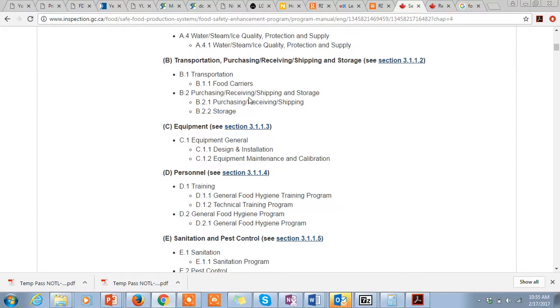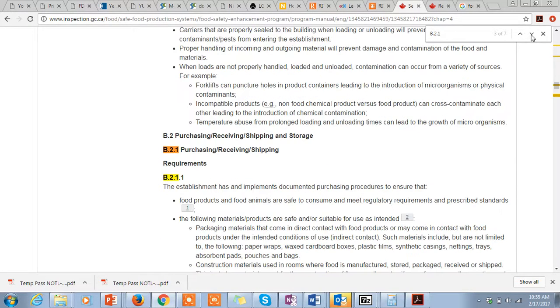So section B, purchasing, receiving, so B21. I like to use the search function, B21, and then it will help me jump down. So B211: the establishment has and implements a documented purchasing procedure to ensure food products and food animals are safe to consume and meet regulatory requirements and prescribed standards.